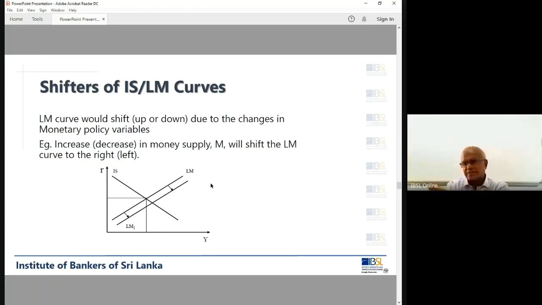When lending rates come down, investors are happy. They can borrow money at a lower cost. Savers are sad, especially pensioners, fixed income earners, those who live on their savings. Deposit rates are coming down, interest rates are coming down. They are not happy.